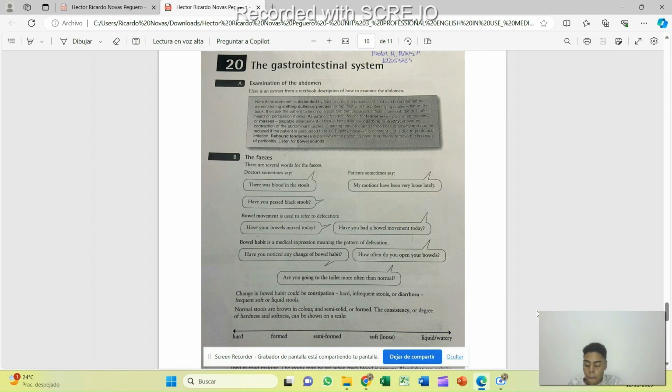Have your bowels moved today? Bowel habit is a medical expression meaning the pattern of defecation.